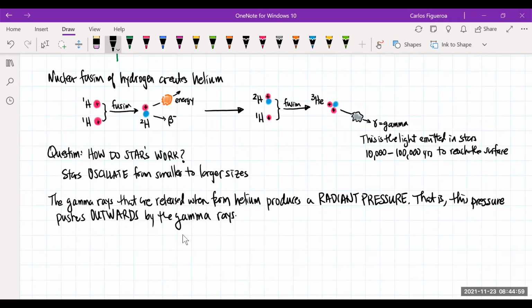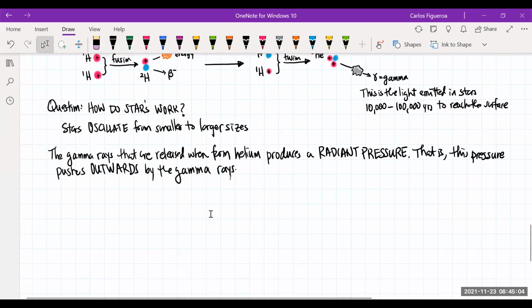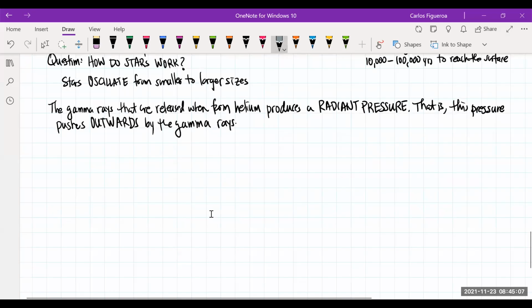So what I imagine is that it goes something like this here. Now, I don't know how to draw this, so you'll have to bear with me. But I imagine that I have my ball of gas right here. Okay, this is my ball of gas. Now, all of this nuclear fusion is happening at the core of the star.